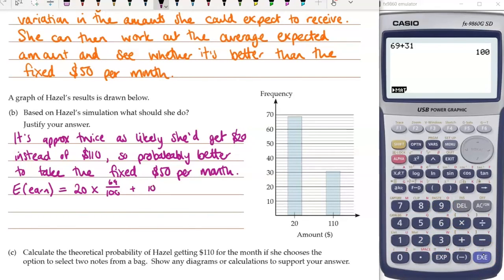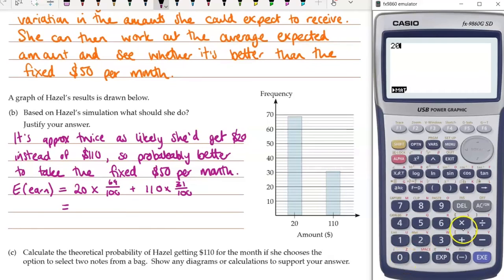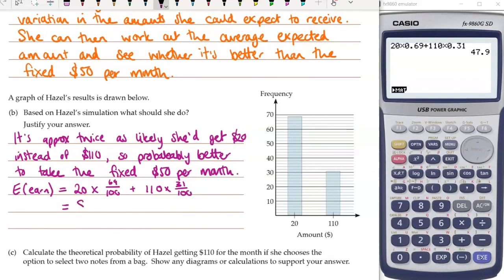And then we add in $110 times the likelihood of getting that one, which was 31 over 100. So we'll do 20 times 0.69 plus 110 times 0.31. So expected earnings here is $57.90, and that's less than the fixed $50.